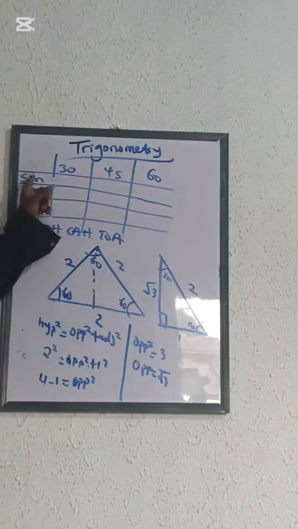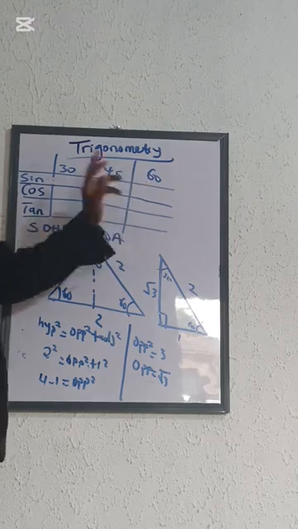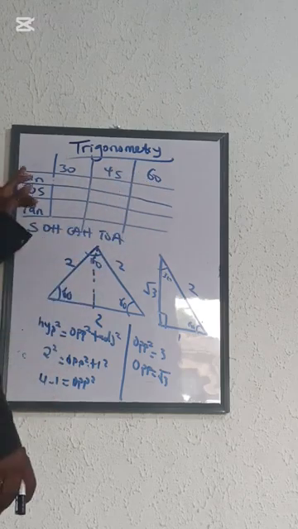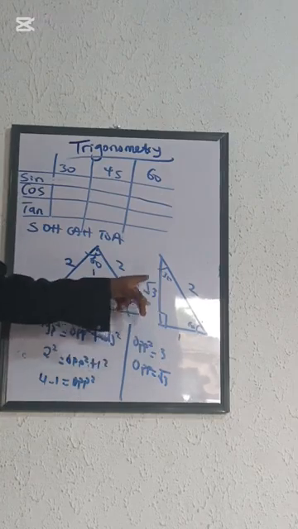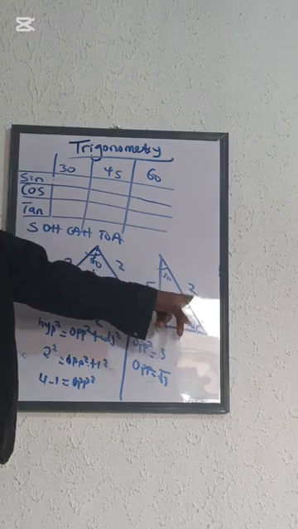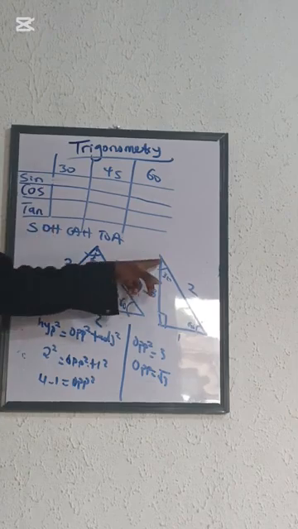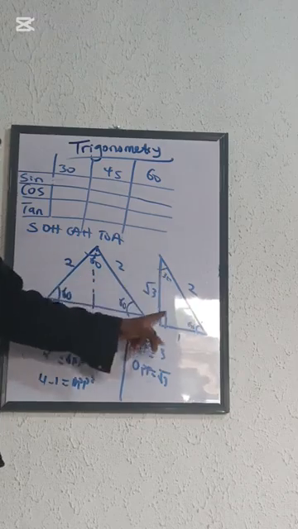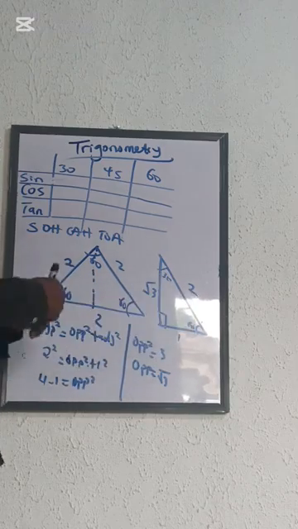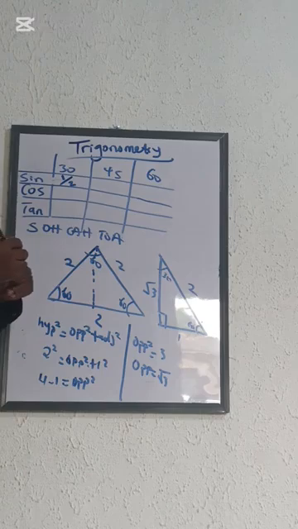So how do we now know our sine 30 and sine 60? Well, let's start from 30. For 30, this is our opposite, this is our adjacent, and this is our hypotenuse. So sine 30: sine is opposite over hypotenuse, so our sine 30 is 1 over 2.